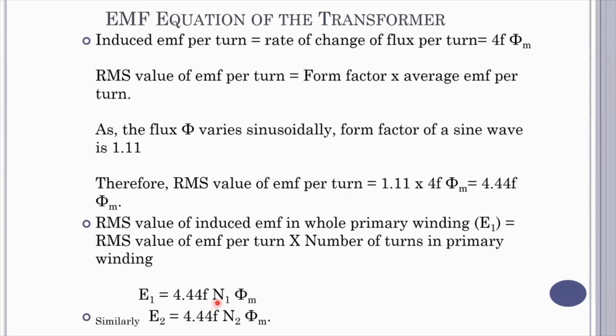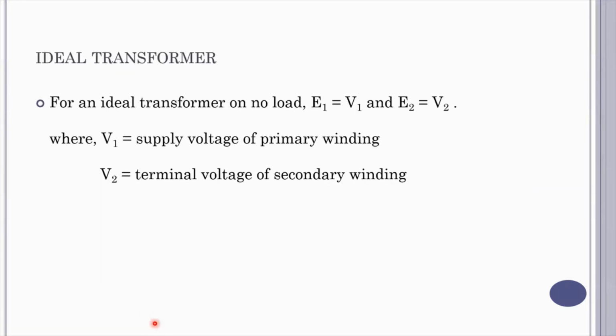So here, in case of primary, we have N1 number of turns, and in case of secondary, we have N2 number of turns. So on multiplication with N1, we get the value of EMF induced in the primary. And similarly, on multiplying this term with N2, we get the value of EMF induced along the secondary.